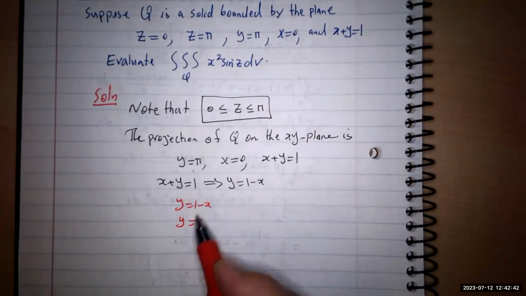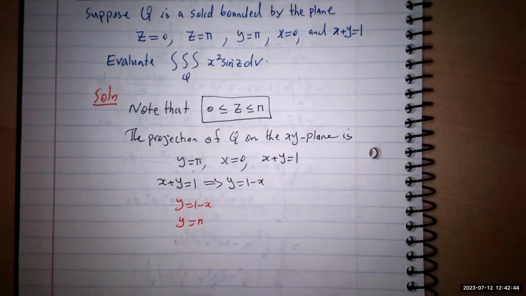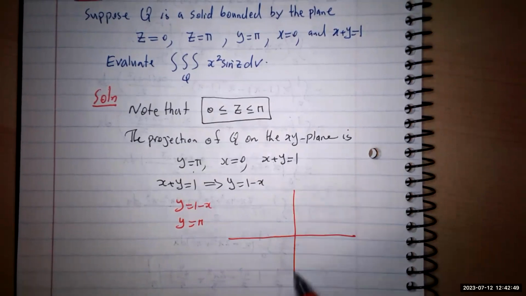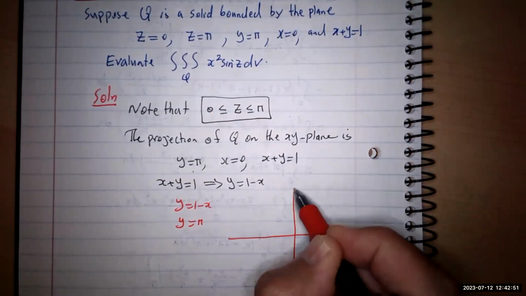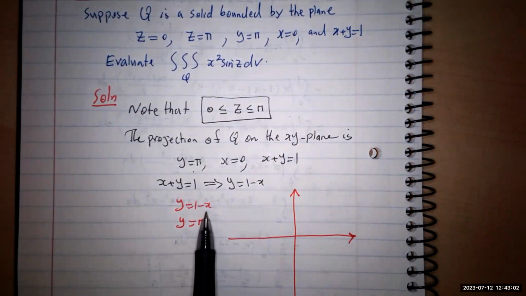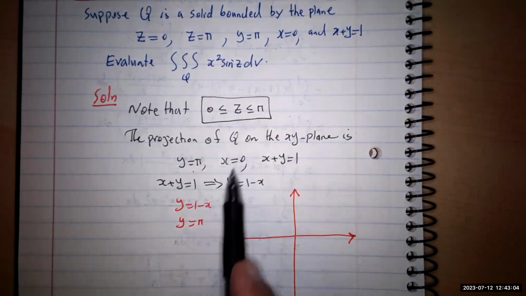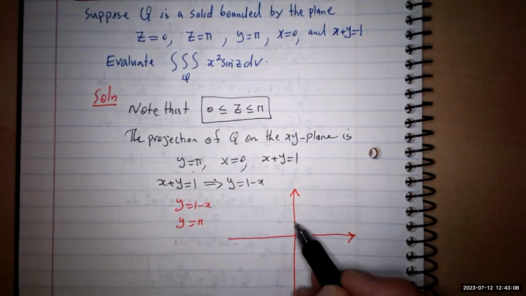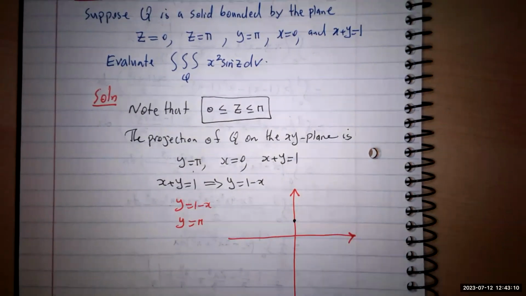So it would be between these two numbers, the y. If you put x equal to 0, y would be 1.